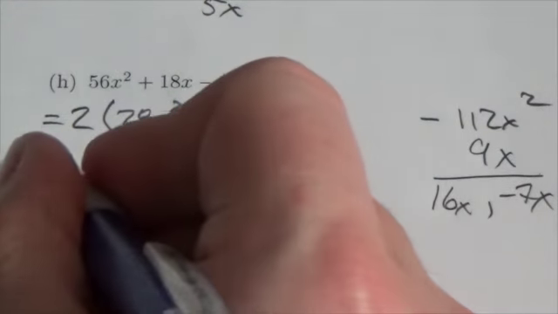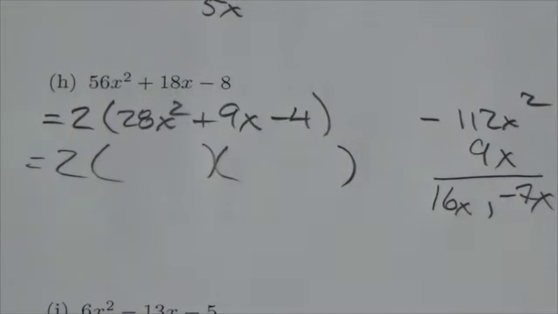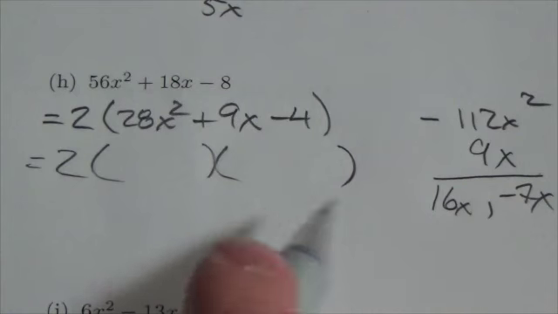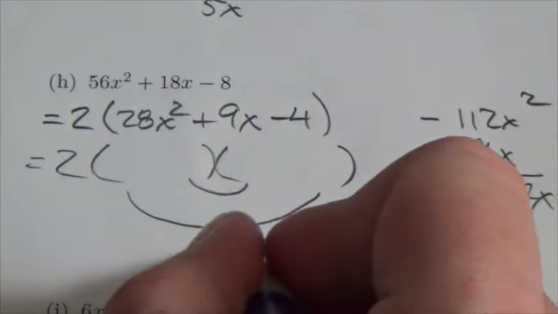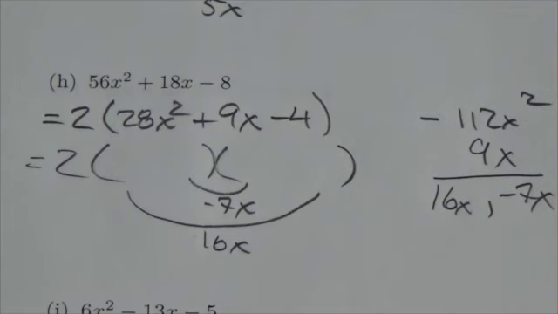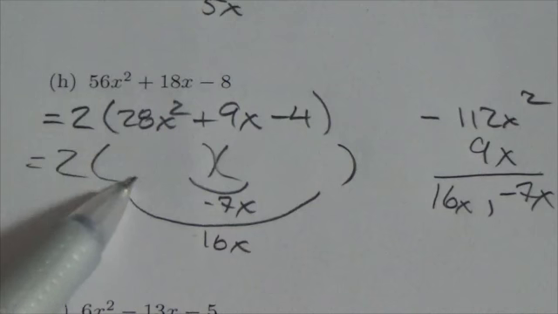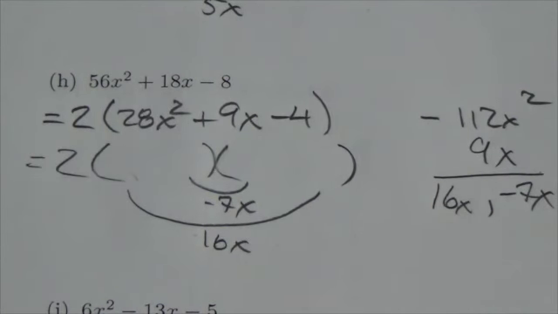Okay? Now remember, what we've just found here, these are not necessarily terms in these binomials. That represents the outer and the inner products here. So let's put 16 down there and negative 7 here. Now, the first term here and the first term here, their product has got to be 28x squared.